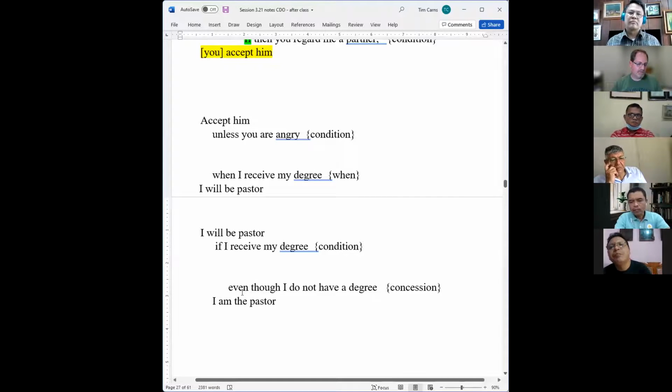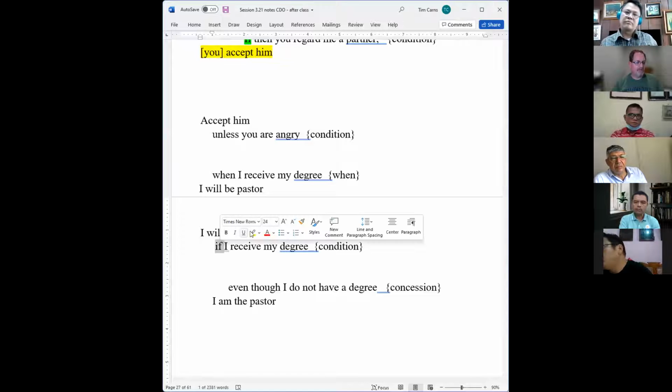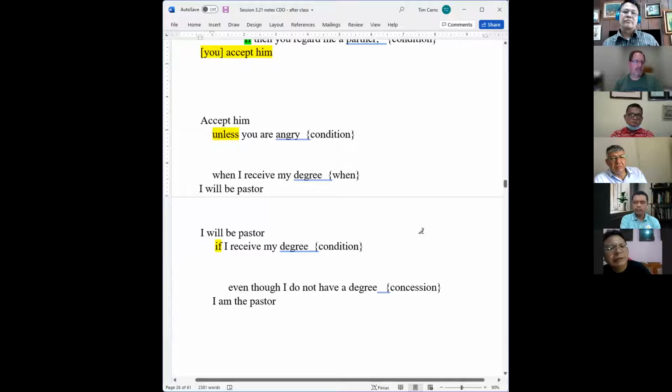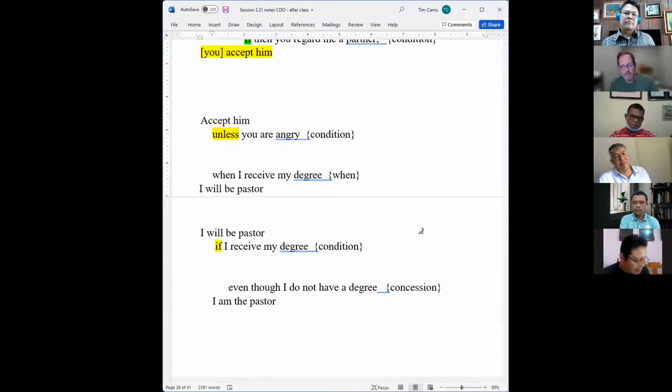So this action or this state is taking place despite this concession, it's called, to concede something. Okay, so yeah, I would say the word "if" or "unless" would indicate more of a conditional idea.